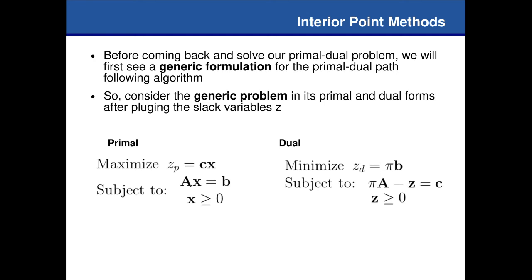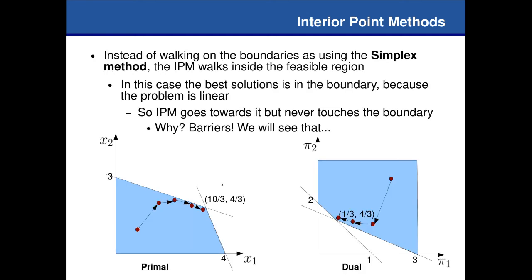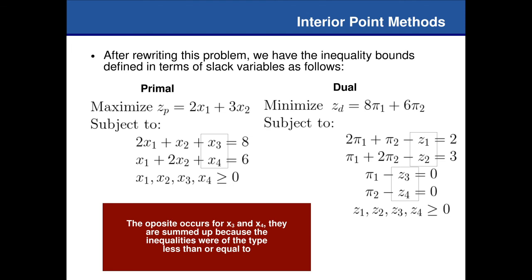And my matrix A times X must equal B. So A is the matrix composed by 2 for X1, coefficient 1, coefficient 1 here, coefficient 1, coefficient 2. Oops, there is no X3, so the coefficient is 0 for X3 and 0 for X4 here.